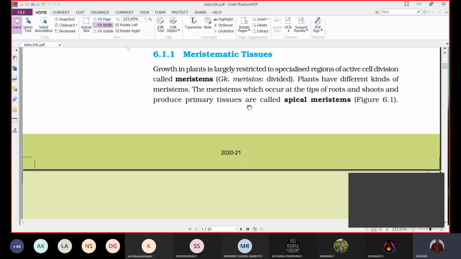That meristematic zone consists of meristematic tissue. In the same manner, when you observe the shoot tips, whether the main stem or a branch, we'll find meristems, which consist of cells in continuous cell division.